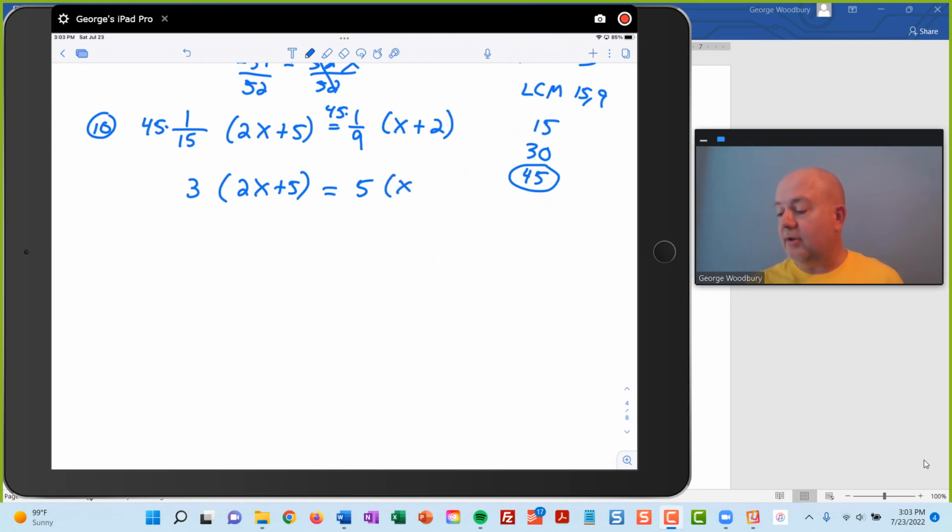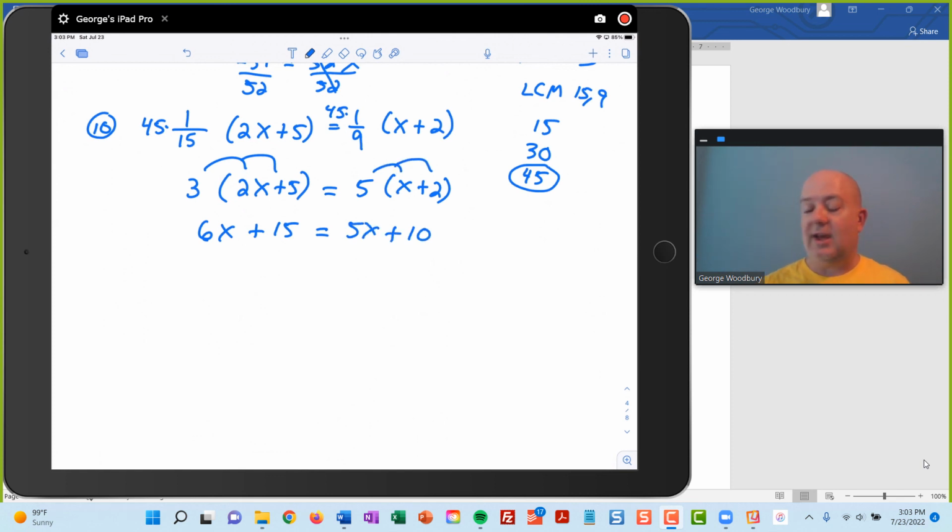That leaves me with 5 times the quantity x plus 2. Now I can go ahead and distribute on both sides, collect all the variables, etc. Distribute the 3. 3 times 2x is 6x, plus 3 times 5 is 15, equals, distribute the 5. 5 times x is 5x. 5 times 2, that's plus 10.